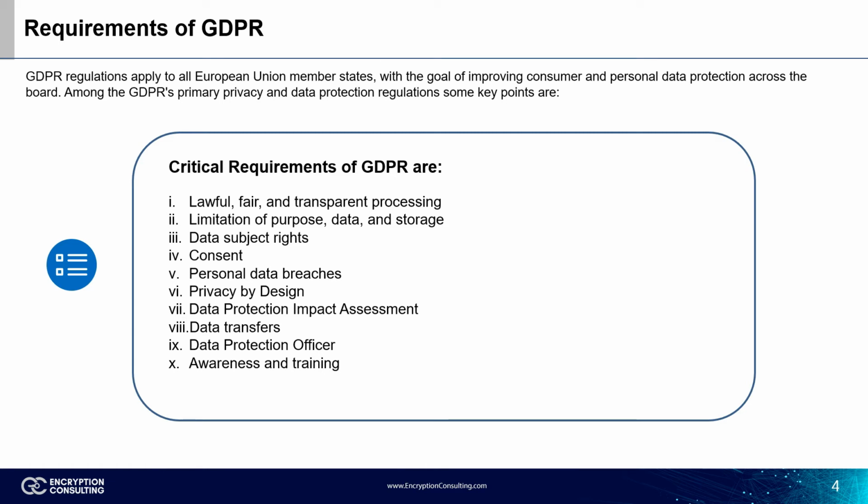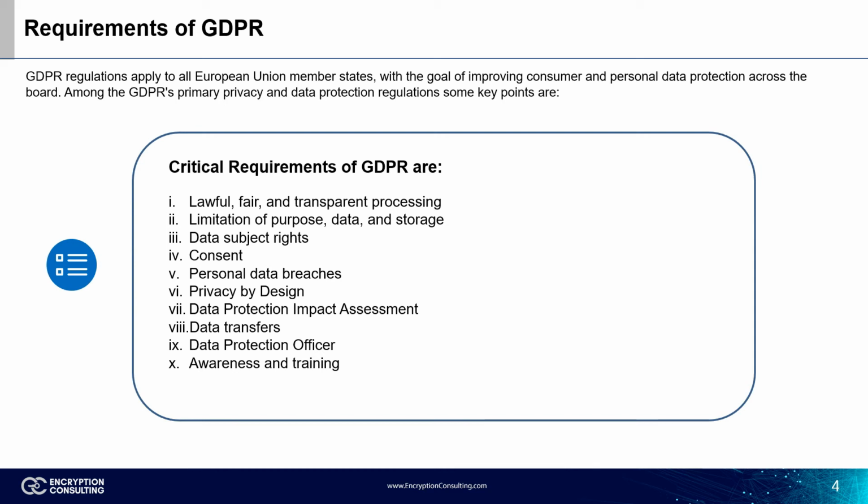Organizations must ask for the consent of the customer if personal data is processed beyond legitimate purposes. The customer can also remove consent anytime they wish. Number 5, personal data breaches. Based on the severity, the customer must be informed within 72 hours of identifying the breach.